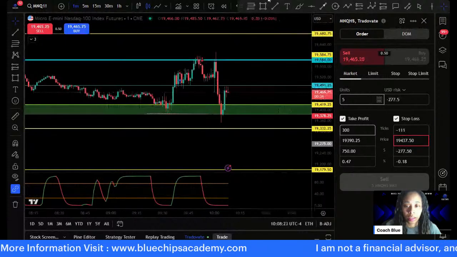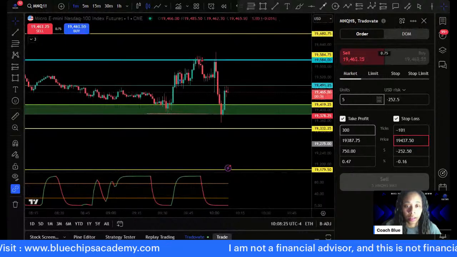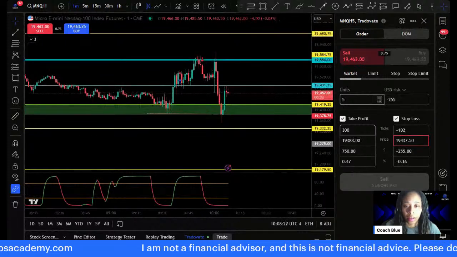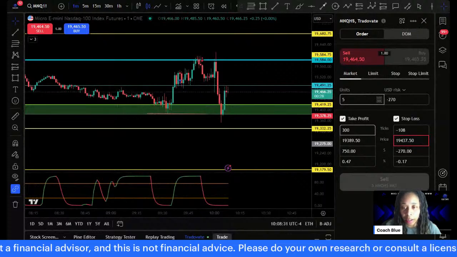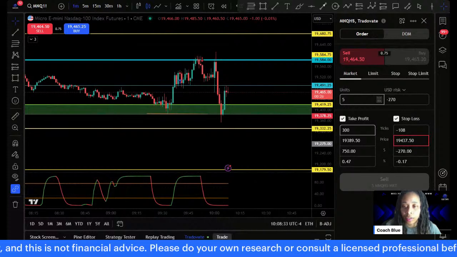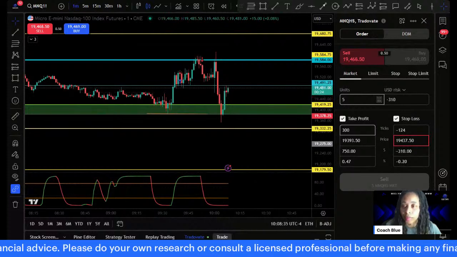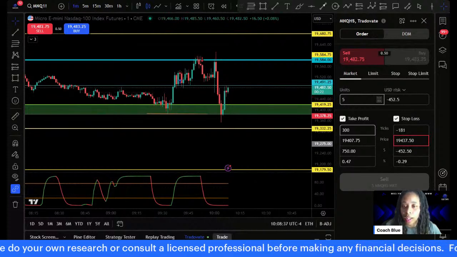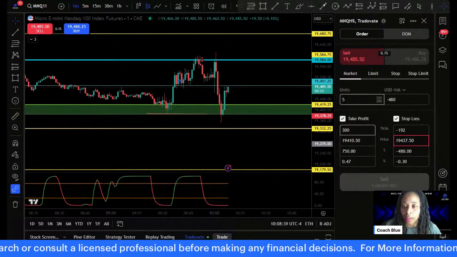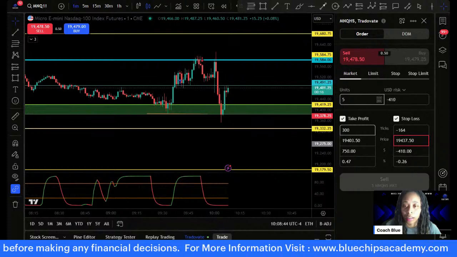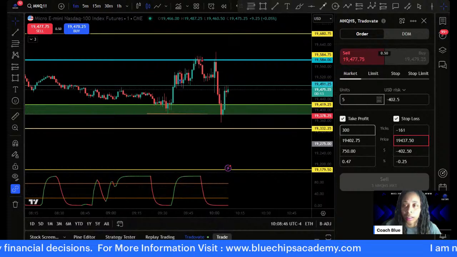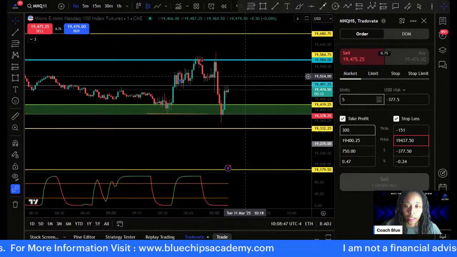I'm still optimistic of the sale, but it has to make a move right now if it's going to do something. If not, then we have to reconsider what we're looking at.